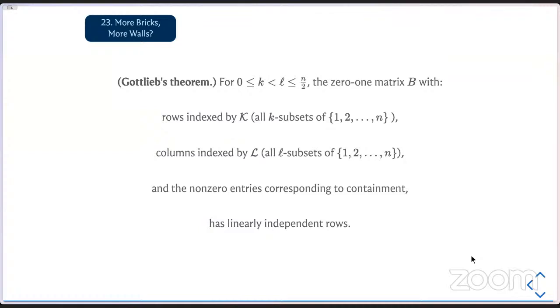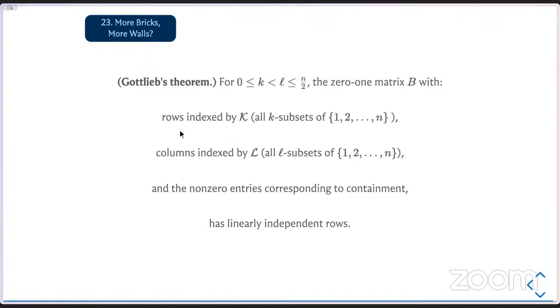Okay, so let me just recap what I said we will prove. The graph that we were looking at basically had one side where the vertices were K-sized subsets of n. The other side was L-sized subsets of n. And you had a relationship based on set containment, right? So if you translate that graph to a bipartite adjacency matrix, you will have rows indexed by the smaller sets, the K-sized sets, and the columns indexed by the larger sets, the L-sized sets.